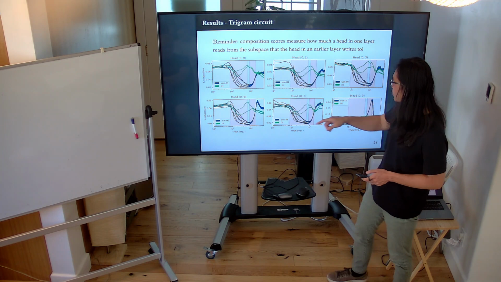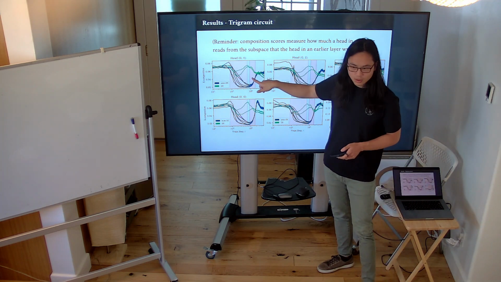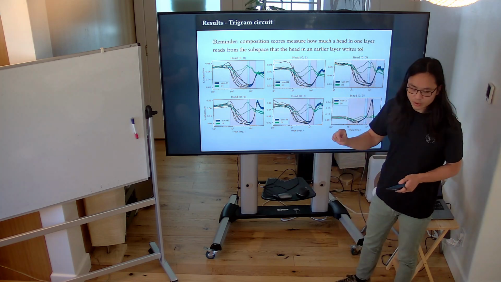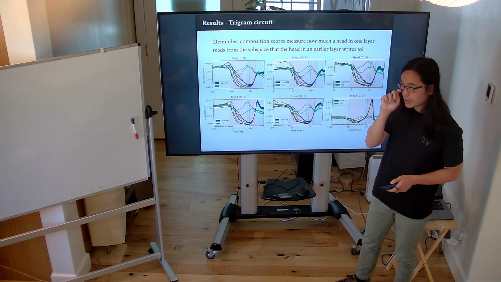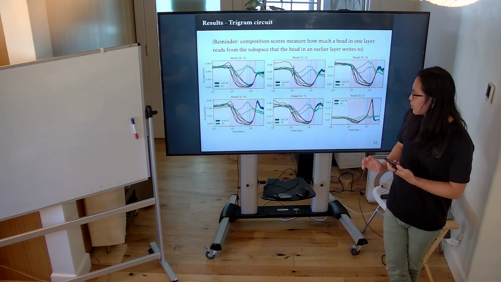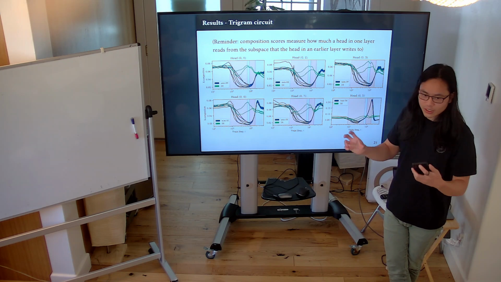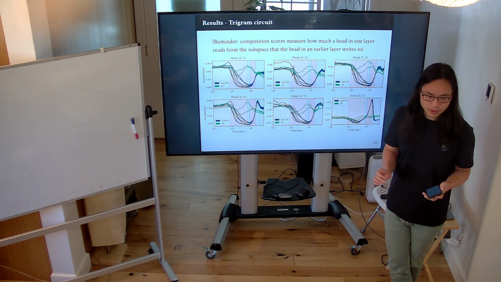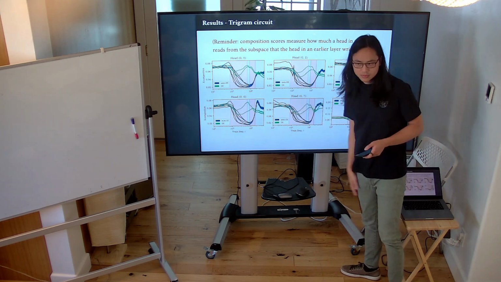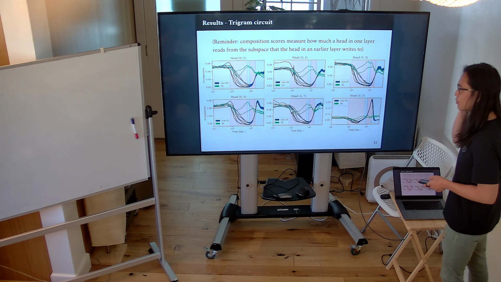Not only is there a noticeable change in K composition at this time, but there's a very strong coupling between them, which suggests, as Dan points out, that there is some overlap and interconnectedness between what's happening here. This is a pretty reliable thing that happens for all of these layer 0 heads that we suspect are part of this trigram circuit.